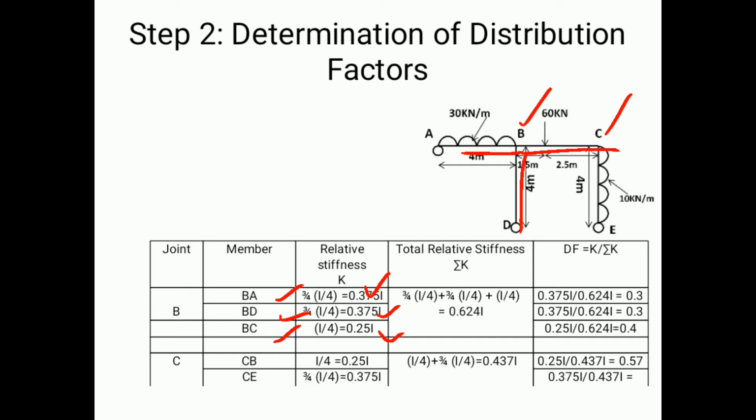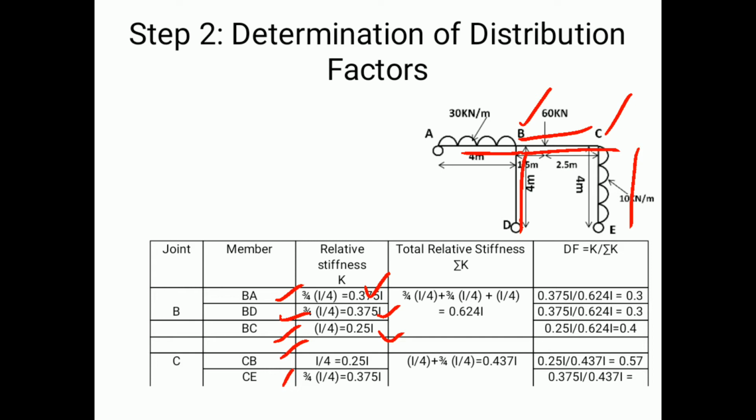Next, coming to joint C. For joint C, with C as origin, there are two members passing, that is CB and CE. Coming to the member CB of joint C, B is the farther end for C with CB as a member.